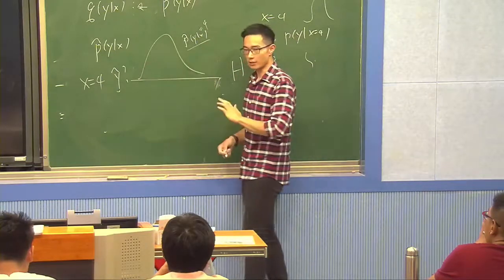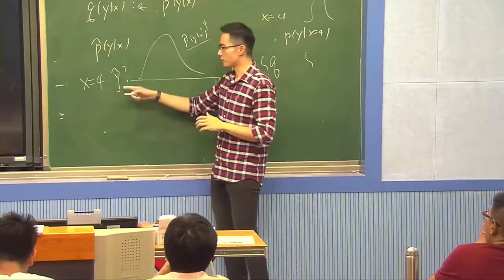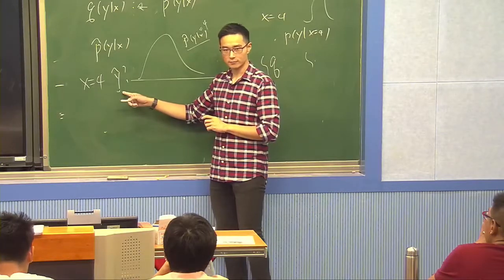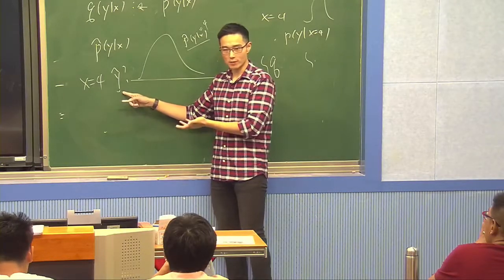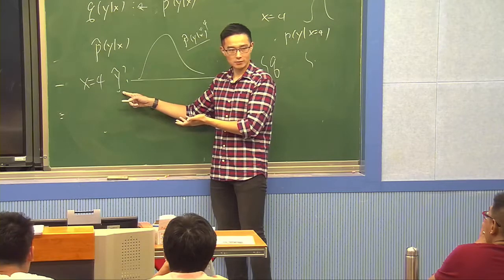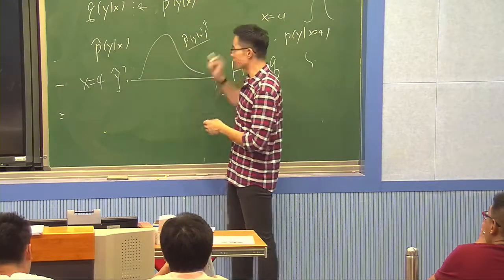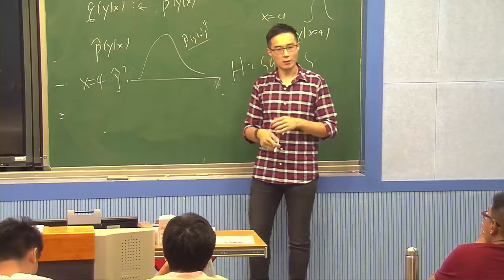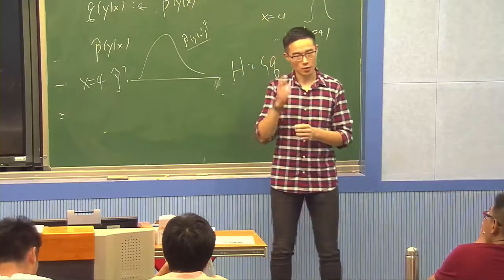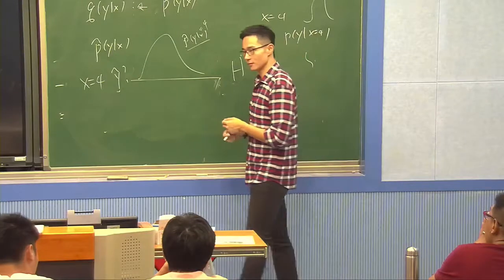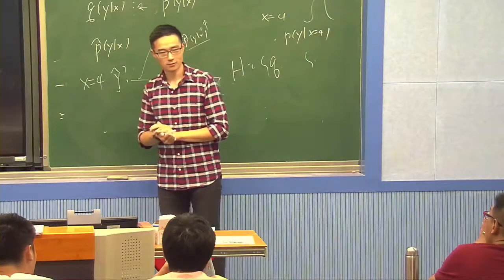Now that I have estimated this, I can use it to make a single prediction of y. But what y should it be? Suppose this is your estimation of this probability distribution, and I want you to make a single prediction. Just one value. What value should I give?